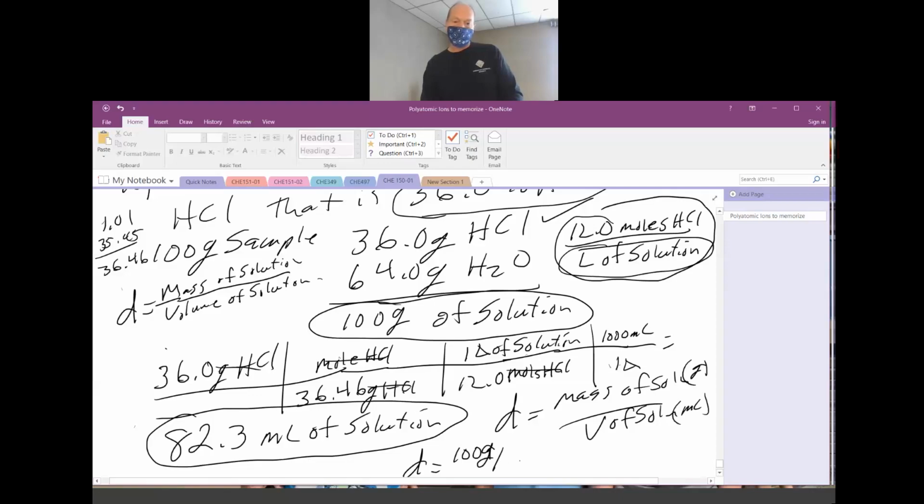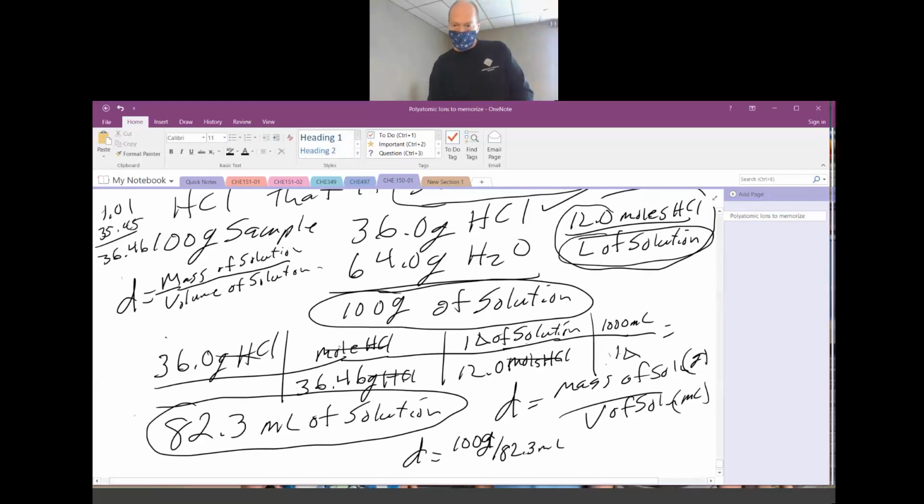Volume of solution, 82.3 mL. And so when you take your 100 and divide by 82.3, you get 1.22 grams per milliliter.